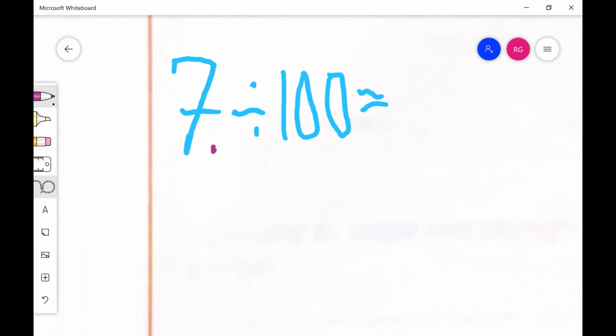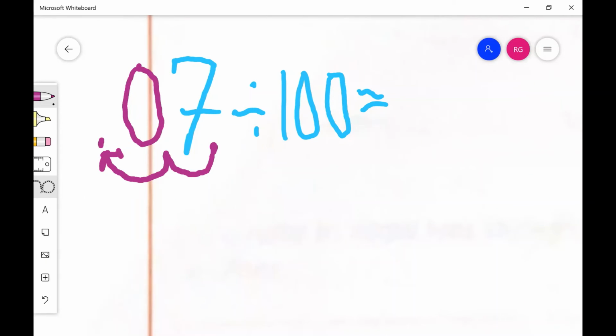We need to do something. We're dividing it by 100, so this moves where? Change the position of the decimal. And how many places do we move it? 2 places in which direction? To the left.